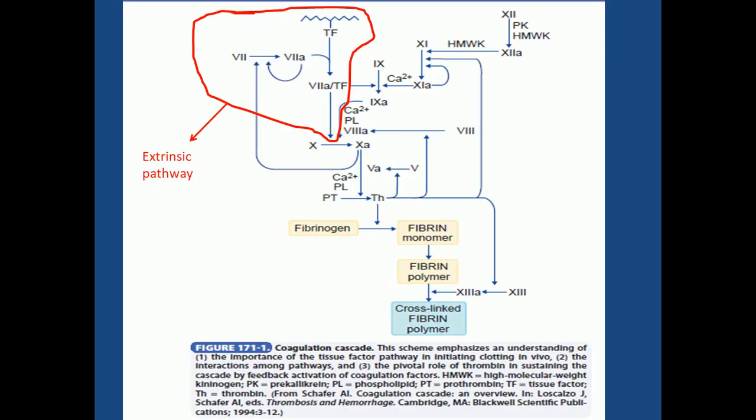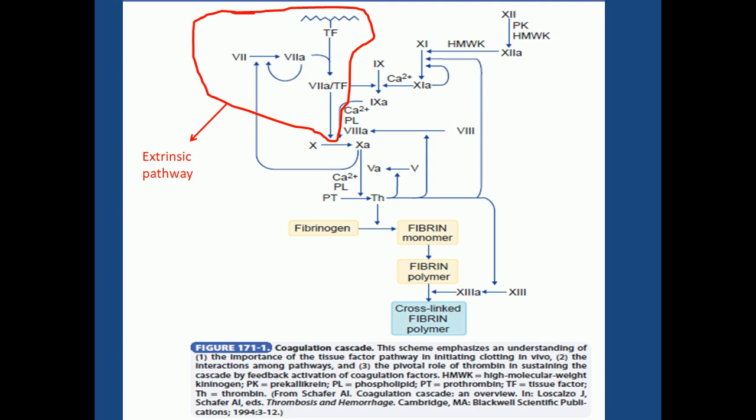This slide shows the contribution of the clotting factors to the process of coagulation. We've got two pathways, the first one we call the extrinsic pathway, and the second one we call the intrinsic pathway. The extrinsic pathway starts with the tissue factor union with factor 7, and this will convert factor 7 into an active complex that binds the tissue factor, and this complex will activate factor 10 and convert it into active factor 10.